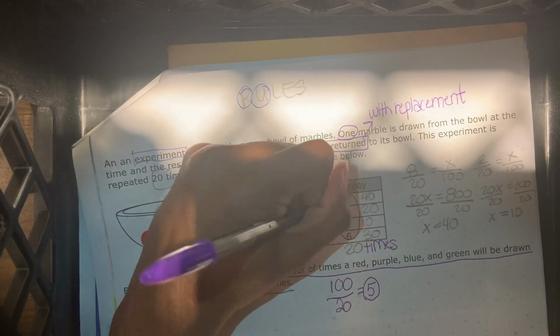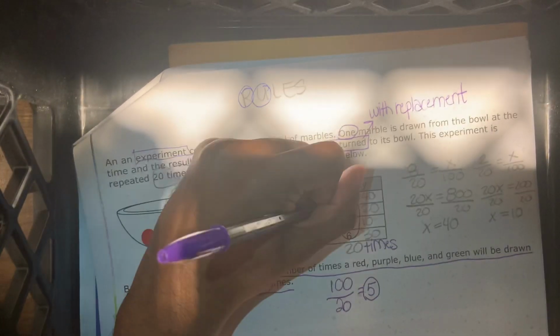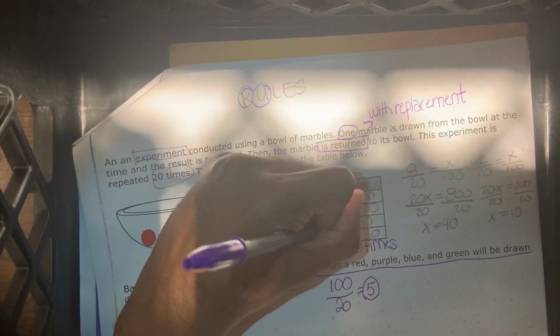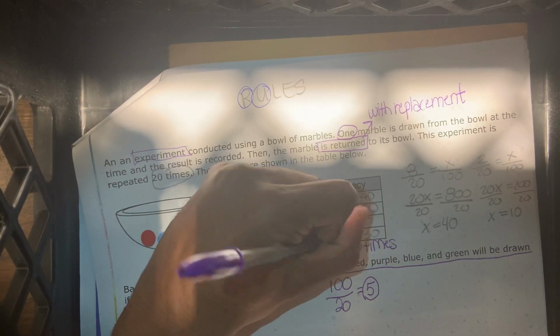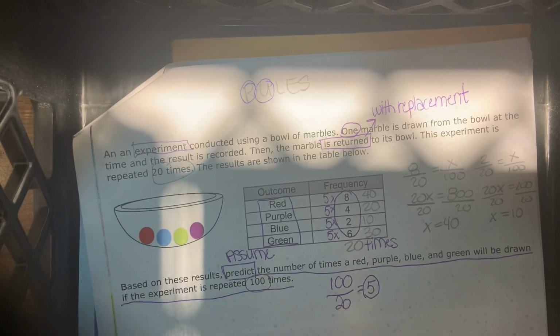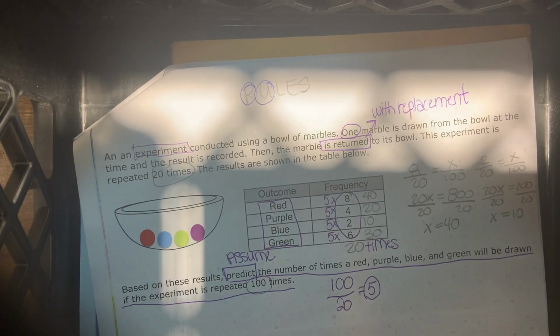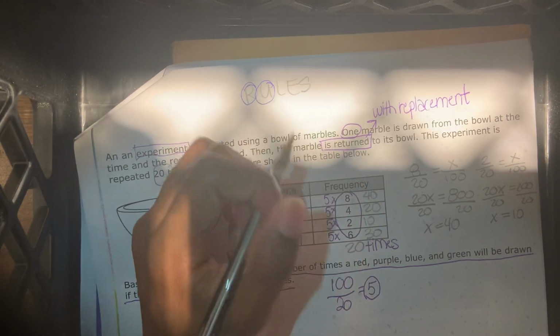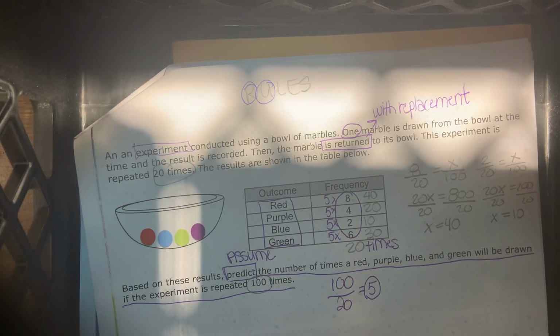So we'll do 5 times 8, 5 times 4, 5 times 2, and 5 times 6. 5 times 6 would give us 30, 5 times 2 would give us 10, 5 times 8 would give us 40, and 5 times 4 would give us 20.